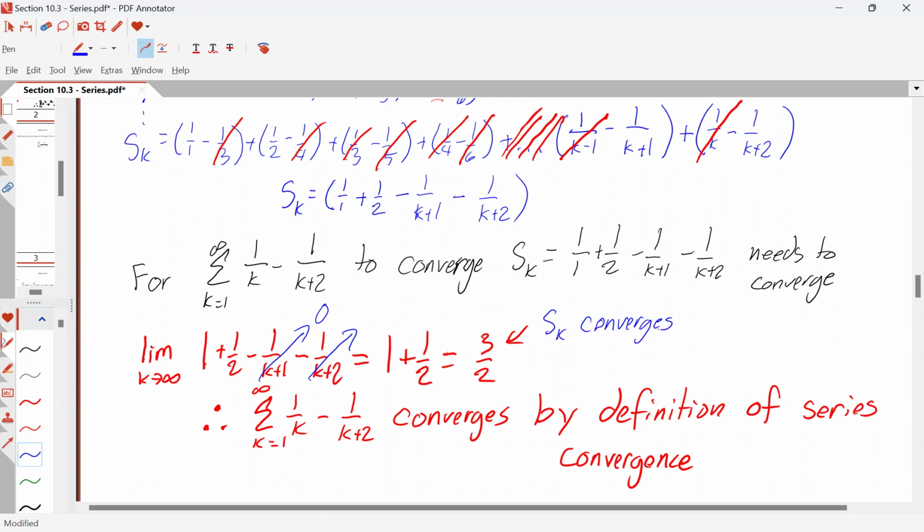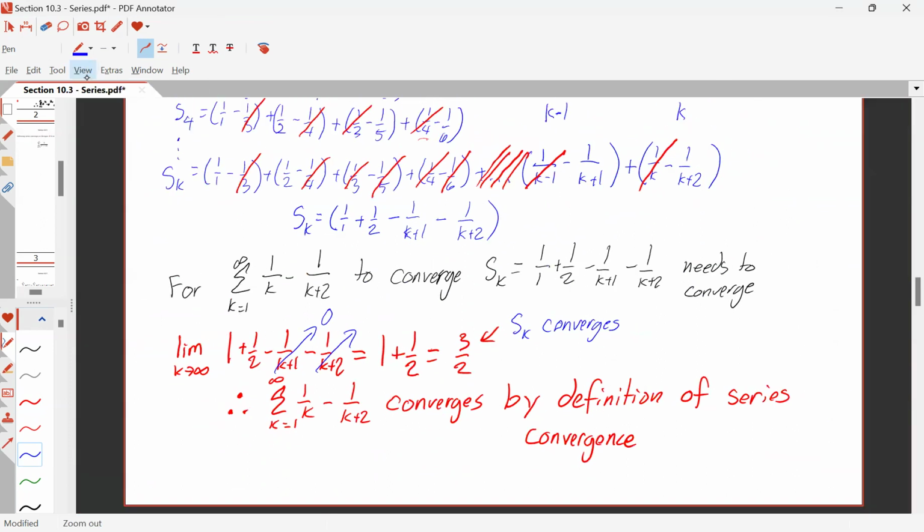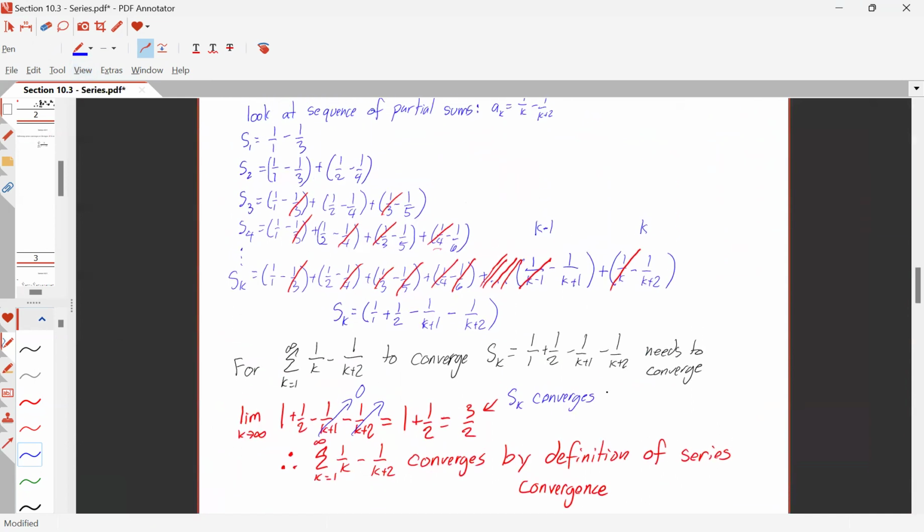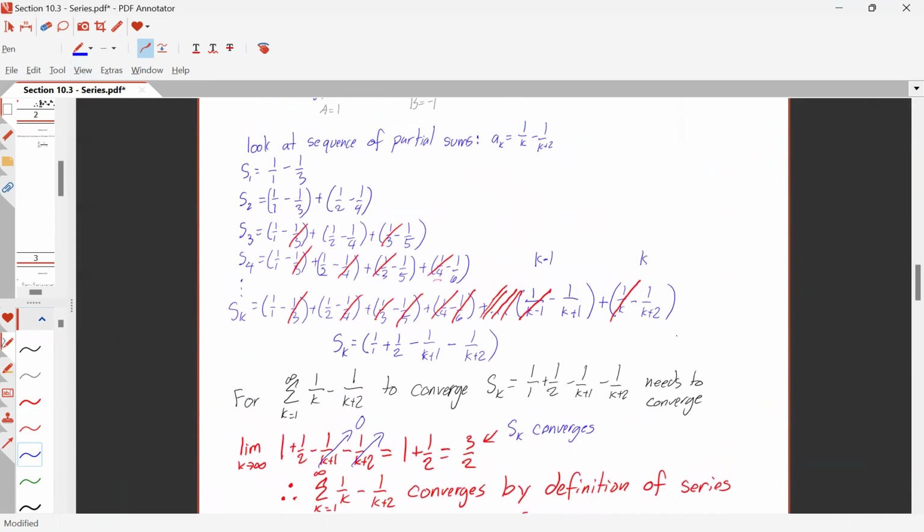The sequence of partial sums converges. So to tell if a series converges or diverges, right now, we are going to look at the sequence of partial sums.